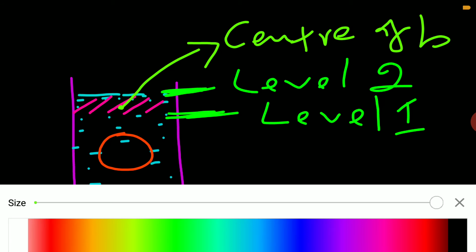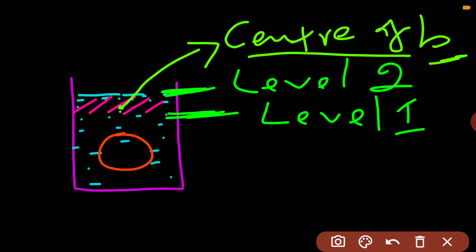I cannot fit the whole spelling here. It's called center of buoyancy. So center of buoyancy is the center of gravity of the displaced liquid. I hope you understood these few things. Now let us go to the book again.